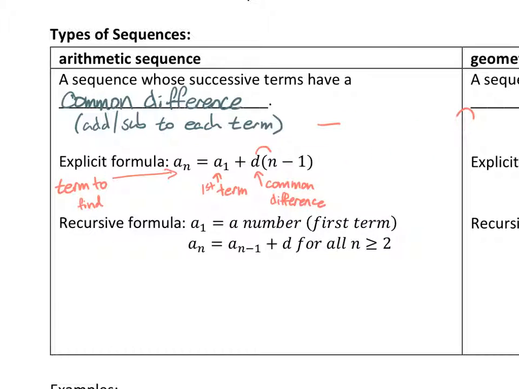So let's erase this. But you're going to multiply by the number of times you add the common difference.